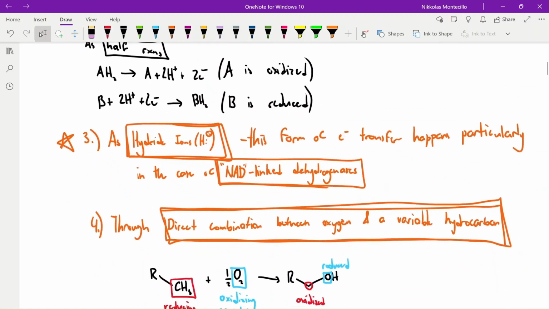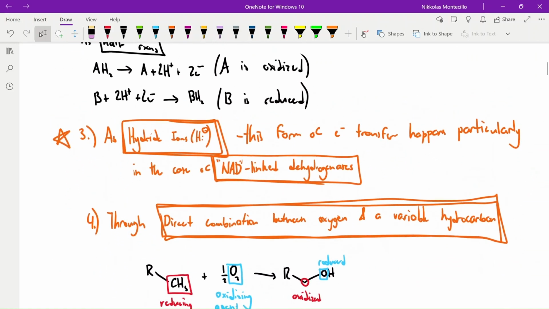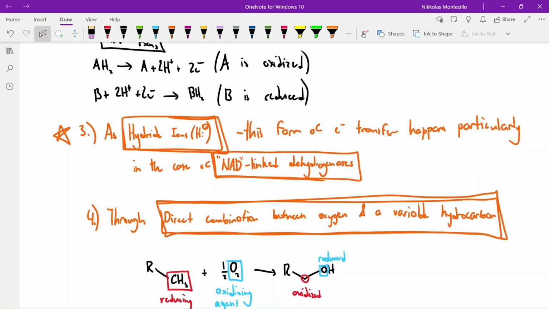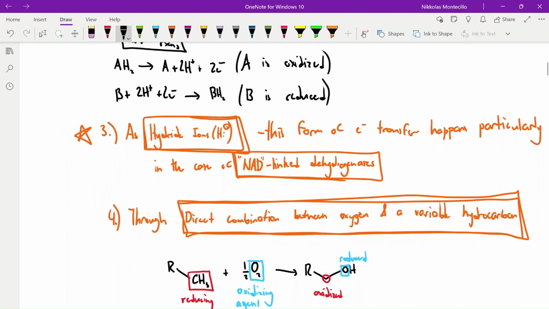And then the last method of electron transfer is where there is direct combination between oxygen and a variable hydrocarbon. So we see here that this variable hydrocarbon right here with the CH3 group is the reducing agent, and the oxidizing agent is the O2 molecule.